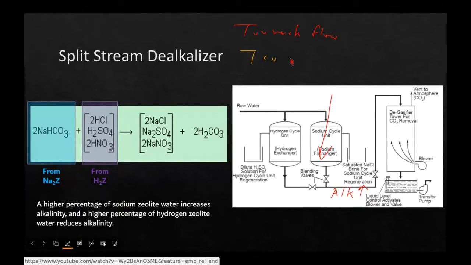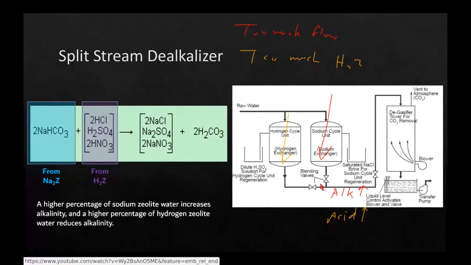And if we have too much through the H2Z, then what we're going to get is acidity is going to go up.